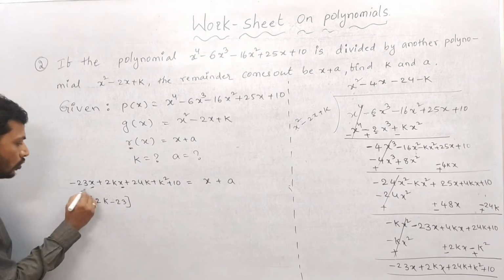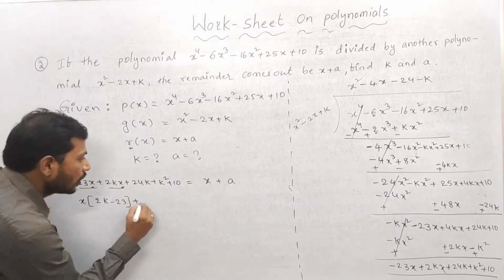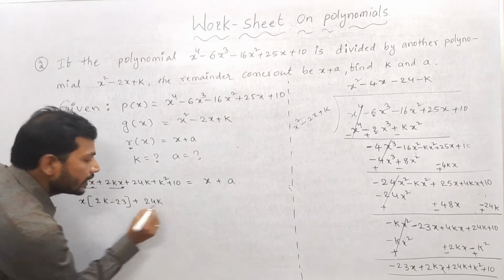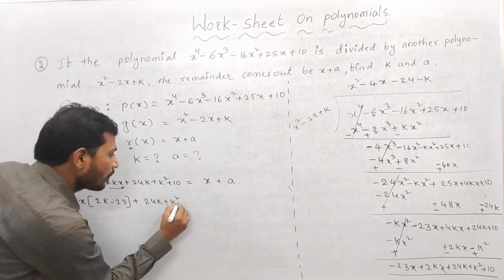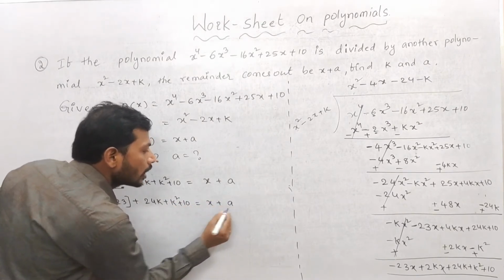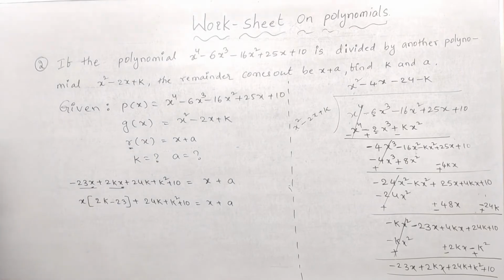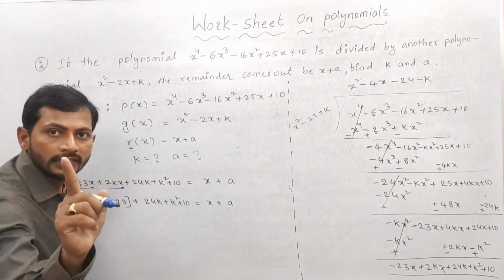Very good. These two terms are completed. Remaining terms, what are they? 24k, k is the constant, 24 is the constant, plus k square plus 10. This is the second term, equal to x plus a. Compare the coefficient. Sir, here x doesn't have any coefficient, means coefficient is one.